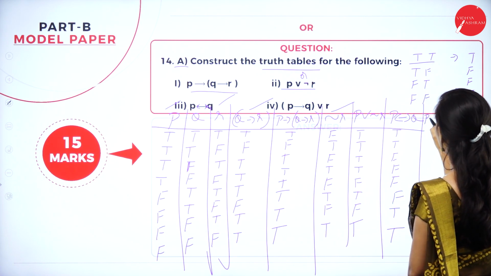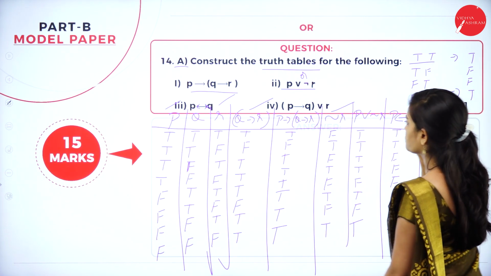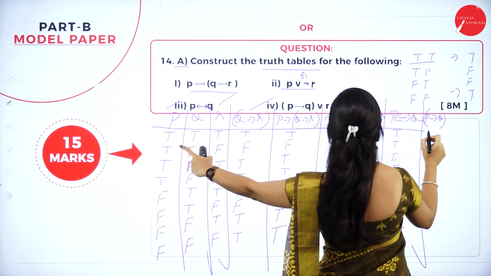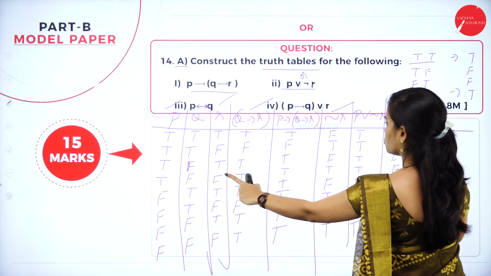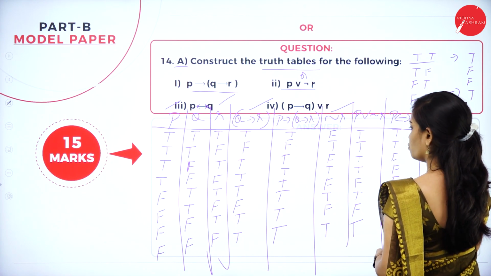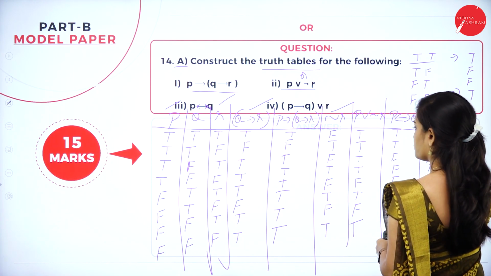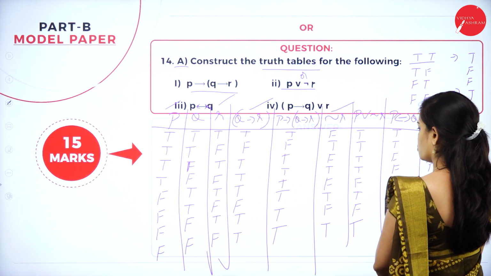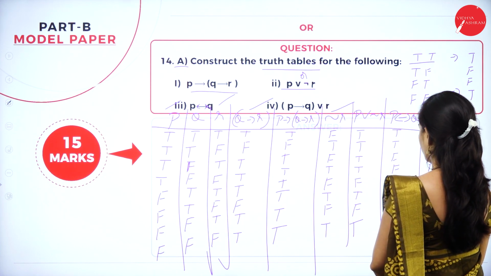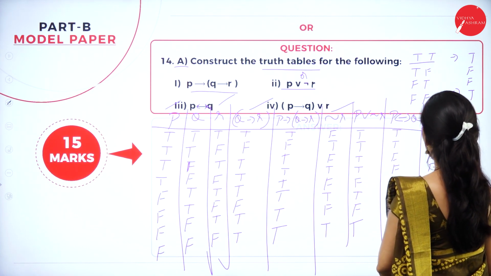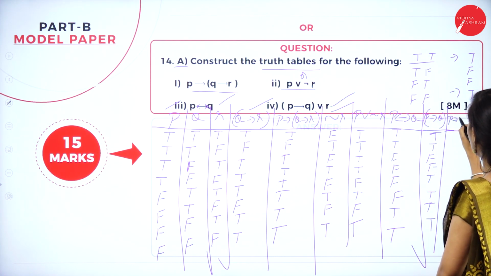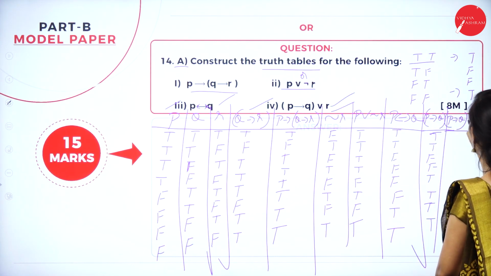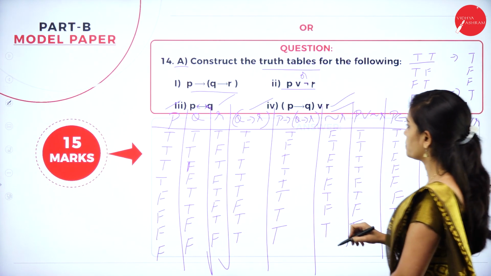So, first you have to find out P implies Q. P and Q. It is true, true, then false. True, false means it is false. Otherwise, it is true, true, true and true. And the next one is P implies Q or R. OR operation.